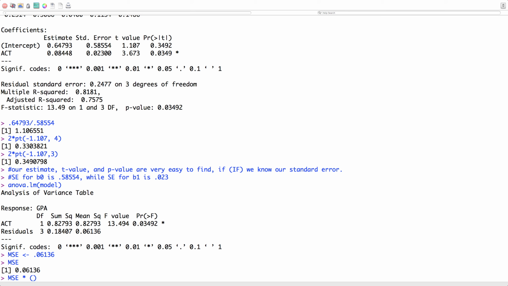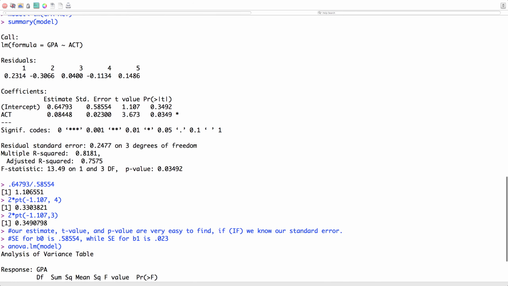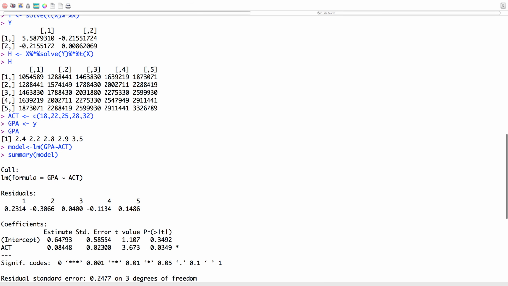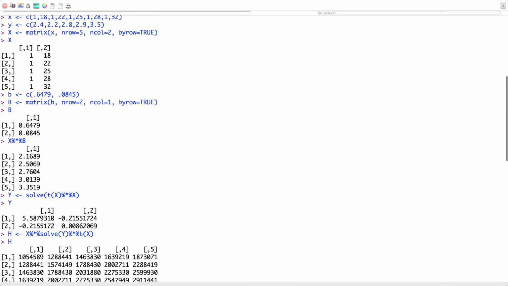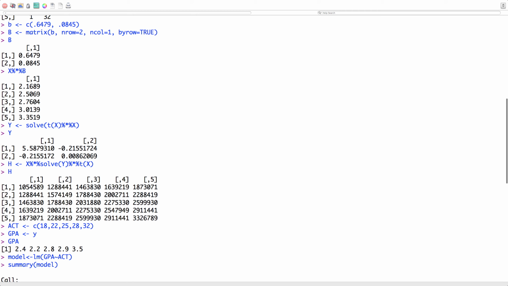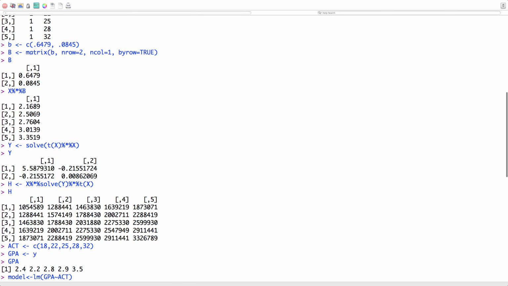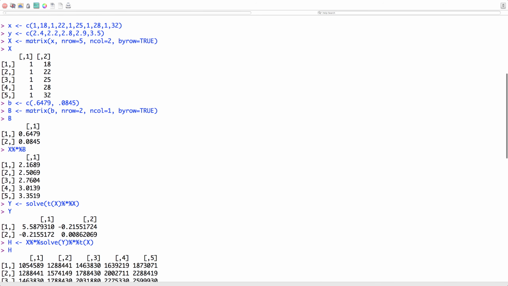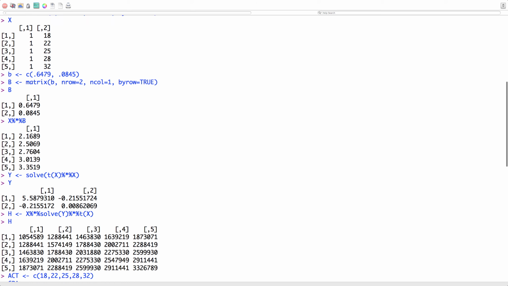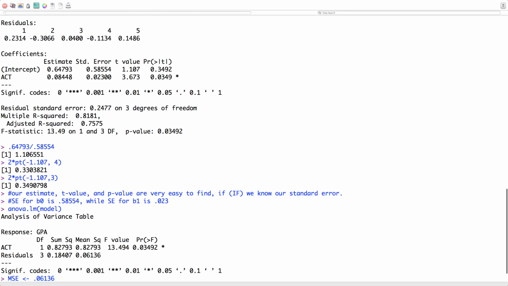And of course, somewhere up here I think we have X transpose, right? Did I save that anywhere? Thought I did. Let me see what I've actually got. So I've got matrix X. All right.